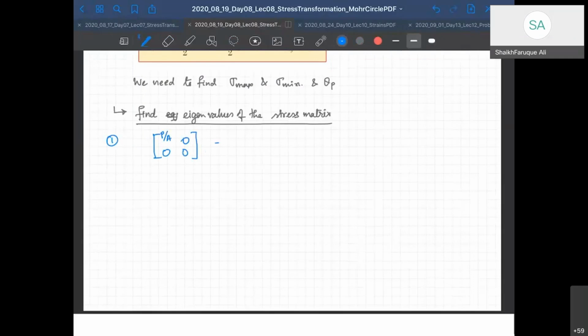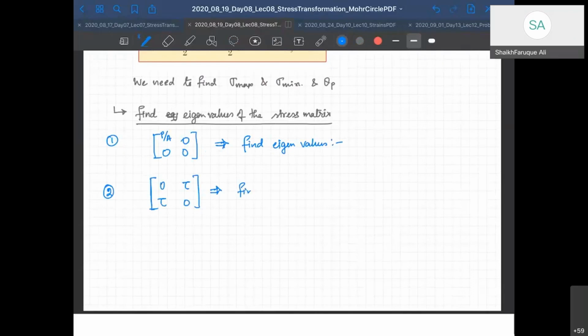Find the eigenvalues. Can anyone tell me? The next one was 0, tau, tau, 0.